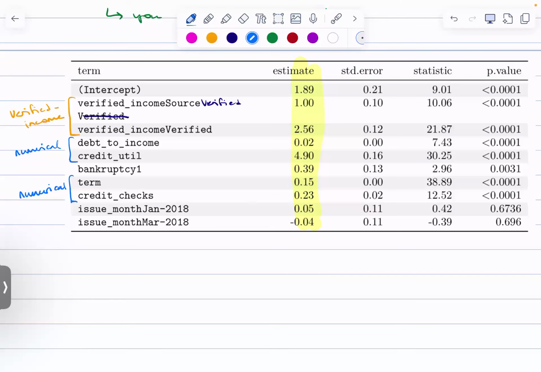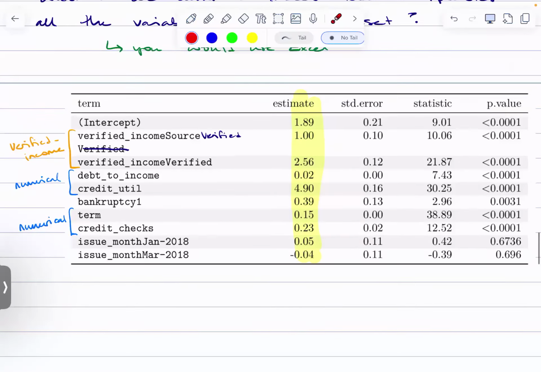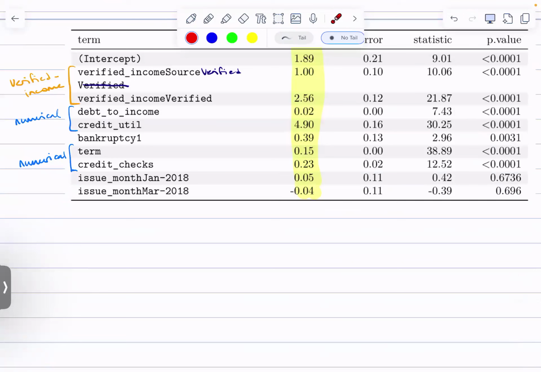And then the issue month, January, March, and was it in the first quarter? Probably February, I have to assume. And so here we've got another indicator.